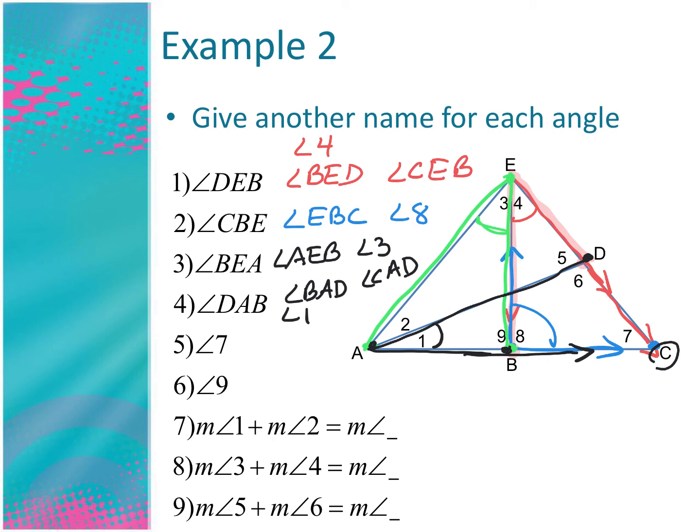Number 5, which is angle 7. So here is angle 7. So let me make the rays that are going to form that. So that's going to go from here to here. So again, I can pick letters, and I put my arrow on top of that. Let's see what that letter was. Okay, so for that one, I could start at DCB, or I could reverse it.